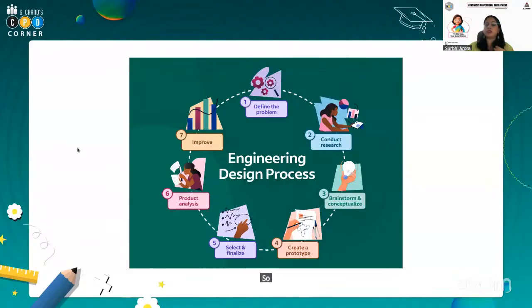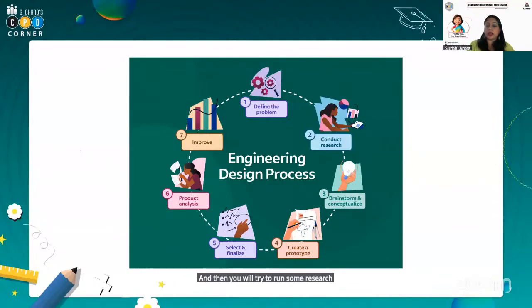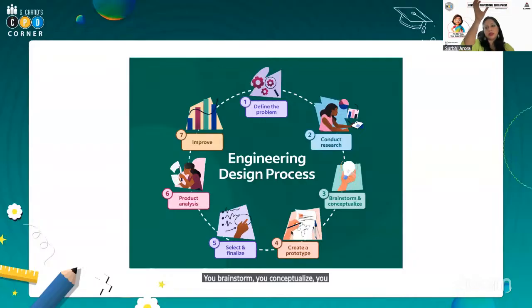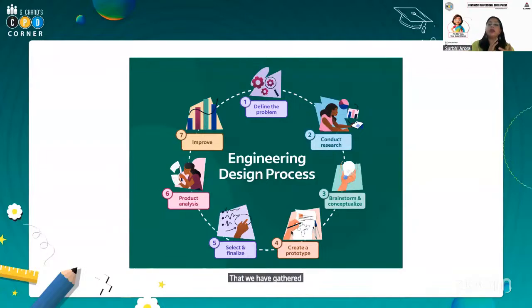So you and your students together will define a problem that you are trying to solve. Then you will run some research on it, on the particular problem that we are about to solve. You brainstorm, you conceptualize, you make some pointers: okay, these are the 10 points, these are the 15 points that we have gathered together. After that, you create a prototype.